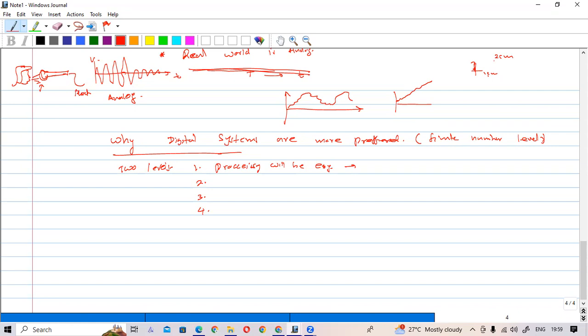Because the processing is easy. When we are transmitting the signal, sometimes noise can be added. Since there are infinite levels, noise filtering may be hard. But if you convert this signal into 2 levels, maybe you can easily remove the noise from it.